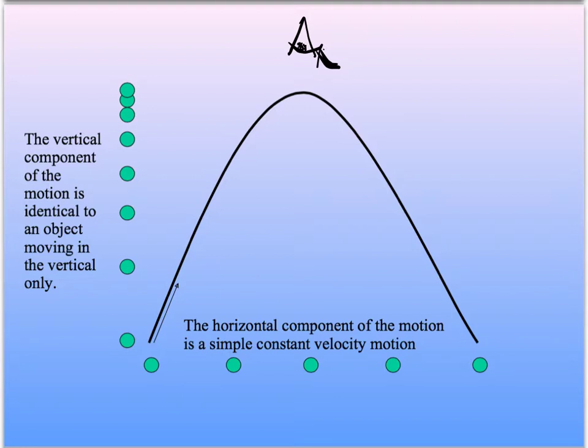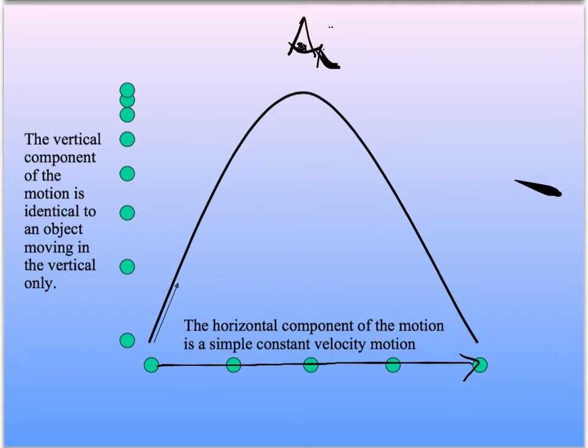The object would appear to move in a straight line across the surface of the Earth at a constant speed. So horizontally, this person can't see what's going on vertically with this flying object. It can only see that it's moving across the surface of the Earth. Now, that's the horizontal motion.